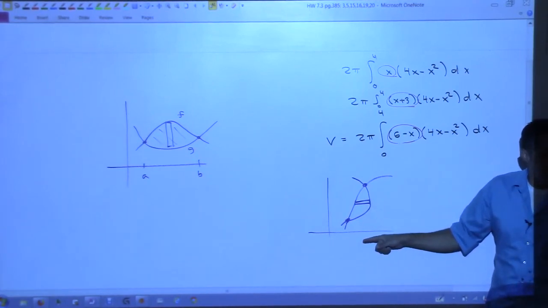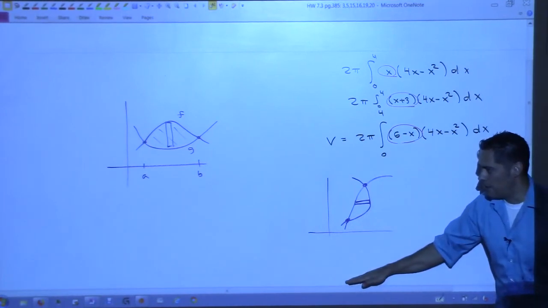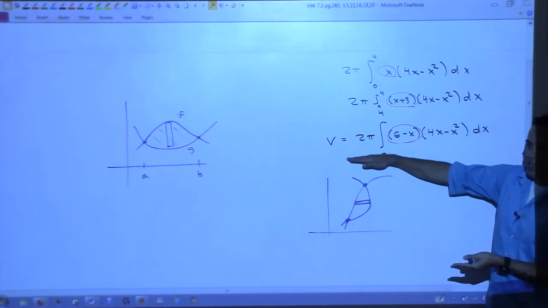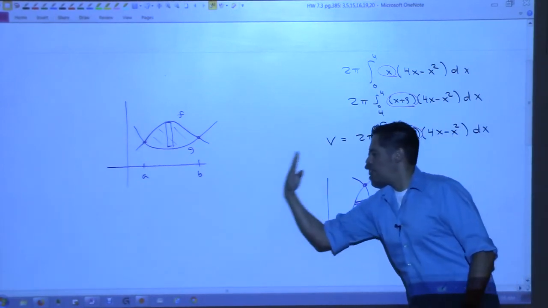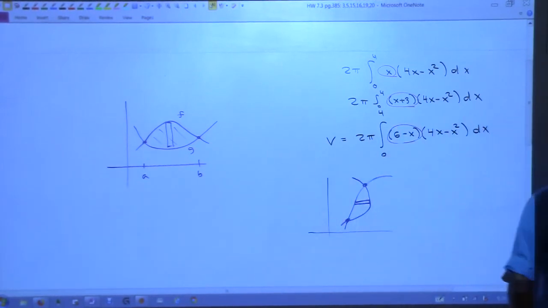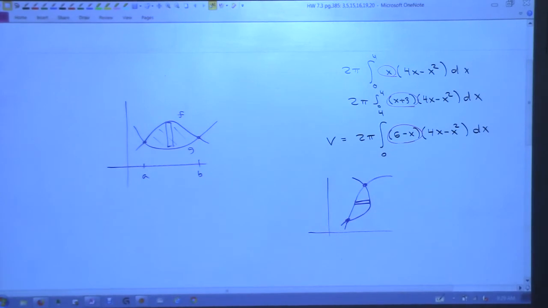But everything's going to be dy instead of dx. And then I could go down here, right? You have to change your radius. Up here, you have to change your radius. Then when I ask you to go this way, around the y-axis here and here, you're going to use washers. Make sense? Okay. So that's what I would expect on the exam, which is, we're going to have it today. I've changed it. We're going to do it right now.